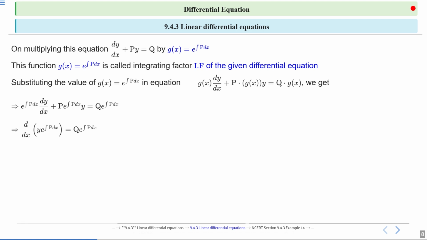And if you carefully observe, the first term, the LHS part, is the differentiation of y into e to the power integral of p dx. When we apply the product rule for differentiation, we get e to the power integral of p dx dy/dx plus p into e to the power integral of p dx y.